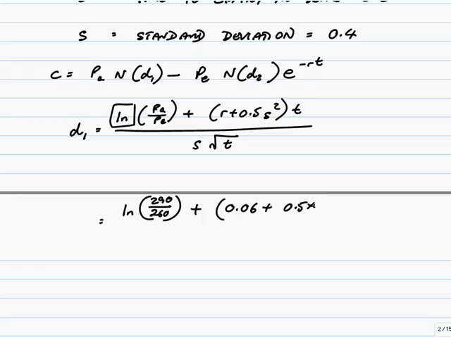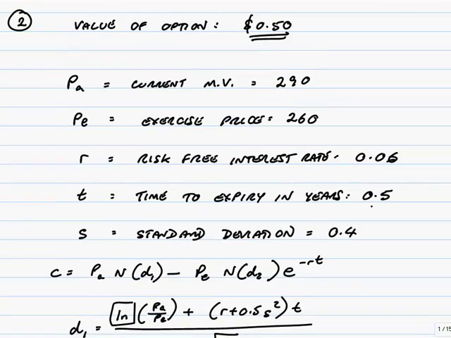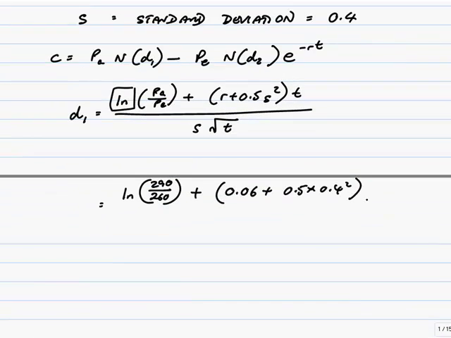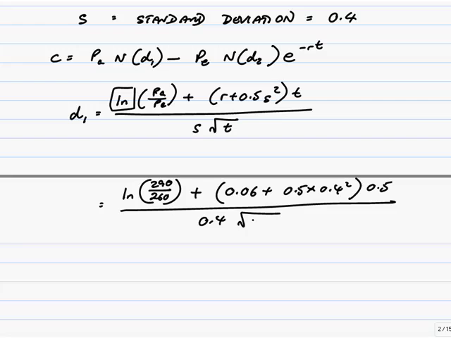S, standard deviation, is 0.4 squared, times t. T, the time to expiry, what was it, 6 months? Yes, so t is 0.5. Divided by s, 0.4, times the square root of t, the square root of 0.5.